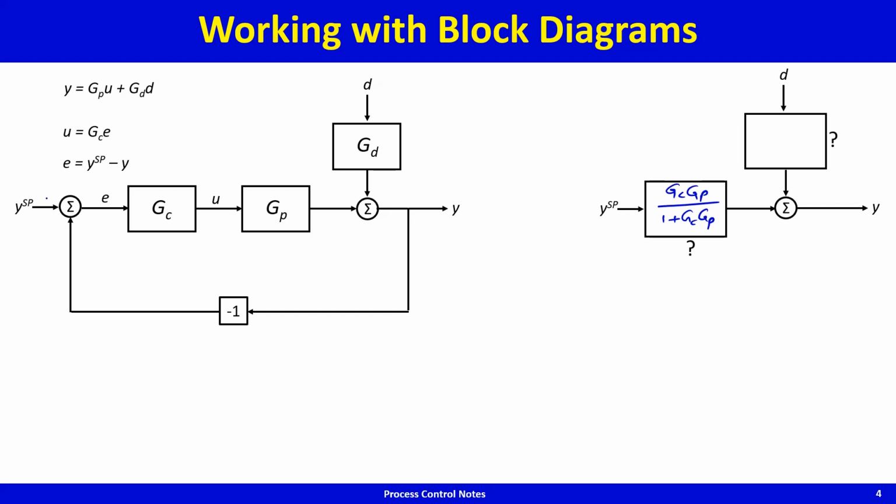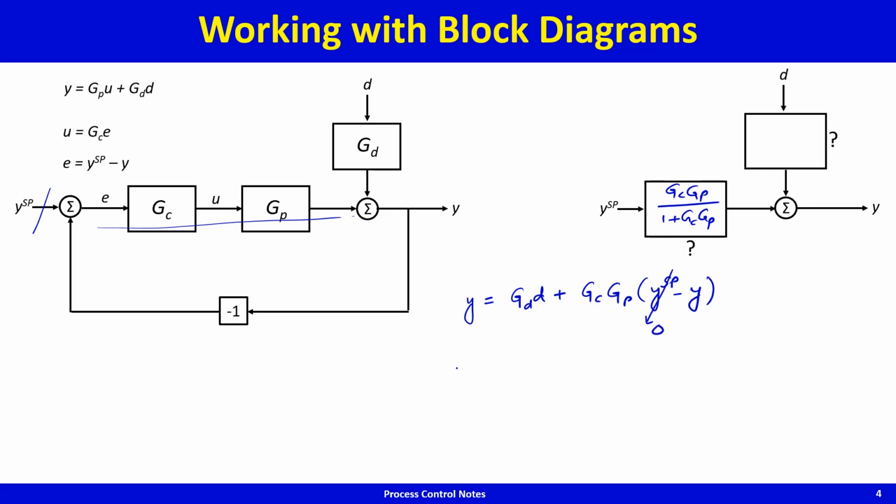So if d changes, then we'll say y set point is 0. Y is equal to GD times D plus this guy, which is actually GC GP times y set point minus y, but y set point is 0.